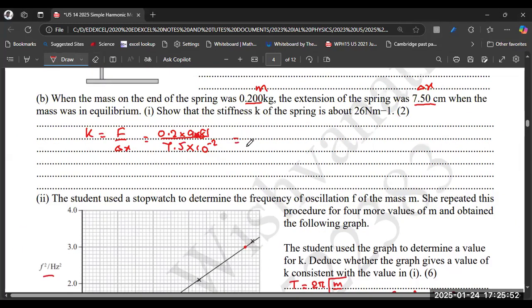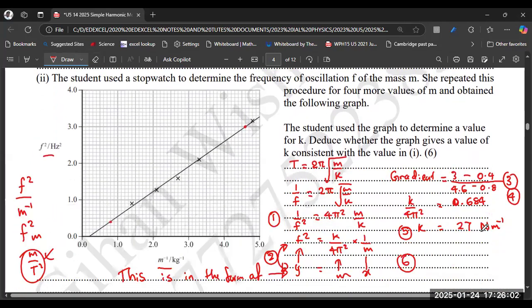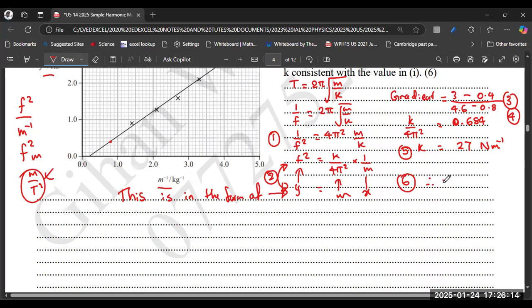What was the previous K value that we found? 26.16 newtons per meter, yes. So then we can say what? Therefore, 27 newtons per meter is not equal to 26.16 newtons per meter.